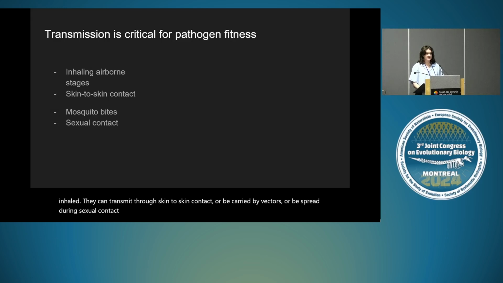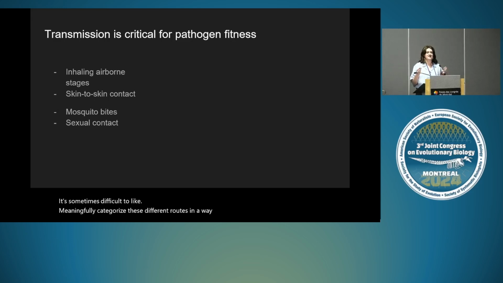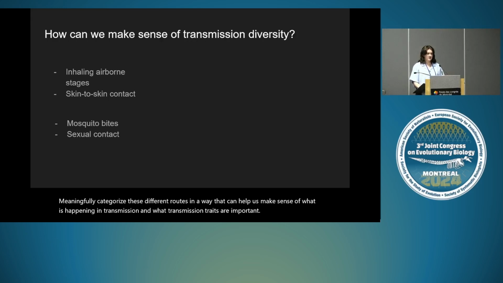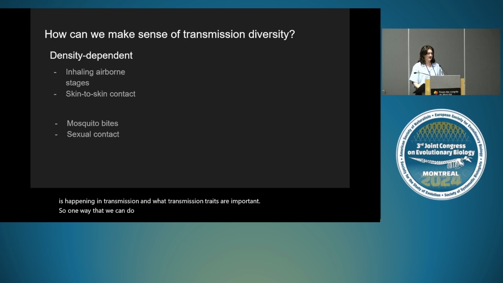So given this wealth of diversity in transmission routes, it's sometimes difficult to meaningfully categorize these different routes in a way that can help us make sense of what is happening in transmission and what transmission traits are important. So one way that we can do this is by categorizing routes as being density dependent or frequency dependent.